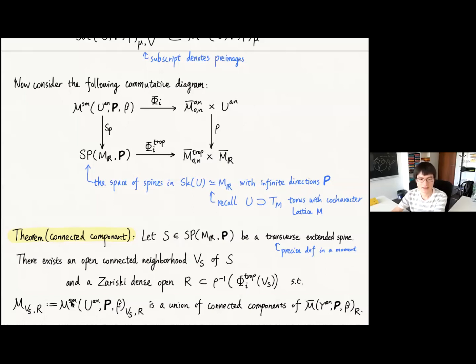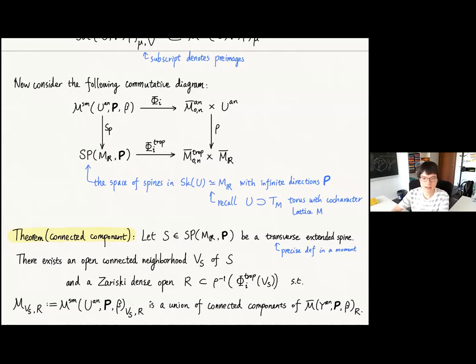It says that when this space is sufficiently restricted, it becomes a union of connected components of this proper moduli stack restricted to R.